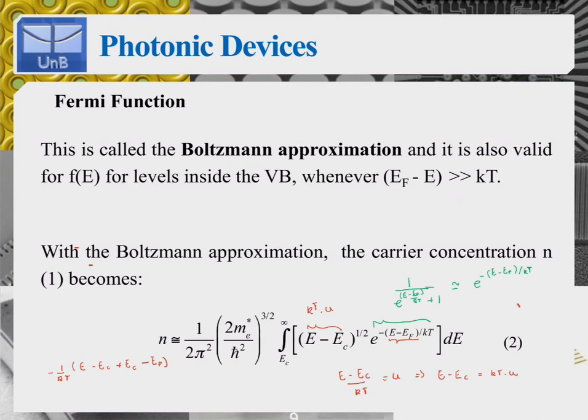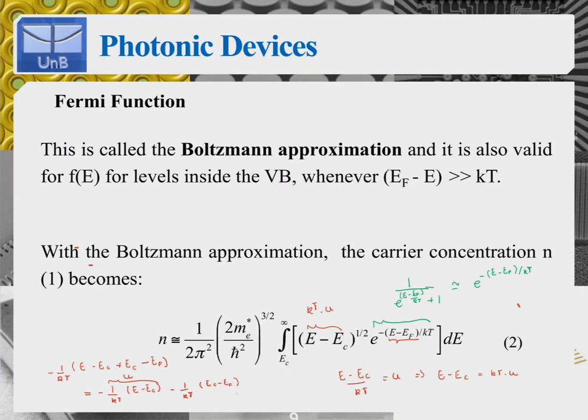And therefore this is going to be equal to minus 1 over KT times E minus EC, which this term right here is U. Okay, so minus U minus 1 over KT times EC minus EF.